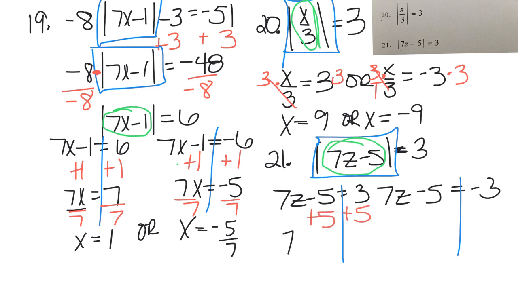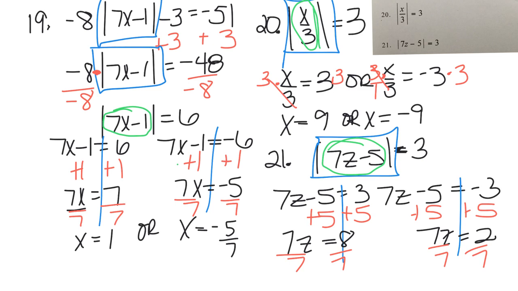You get 7z equals 8. I'm going to add my 5 here. I get 7z equals 2. And divide by 7. And z equals 8/7. Or, it's not and, because it can't be both at the same time, it's one or the other each time. Or z equals 2/7.